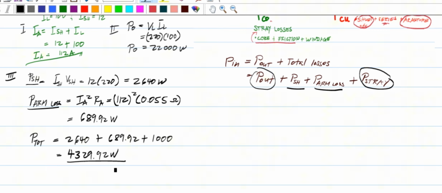Now, the efficiency is simply the output over the input. In step 4, efficiency is equal to PO over Pin, while Pin is equal to Pout plus total losses.